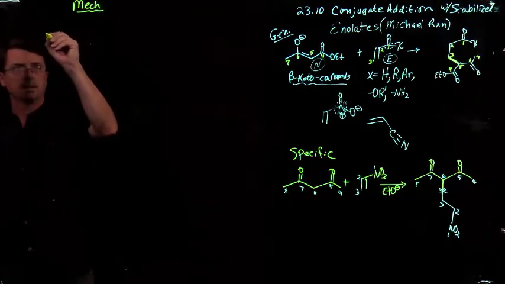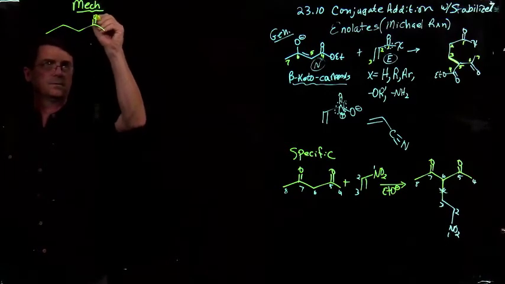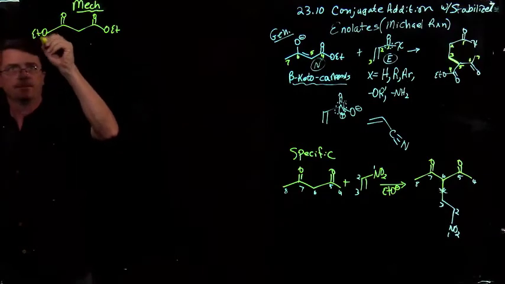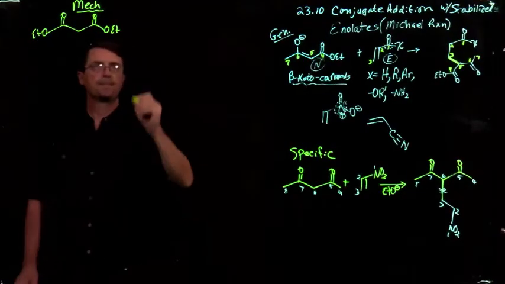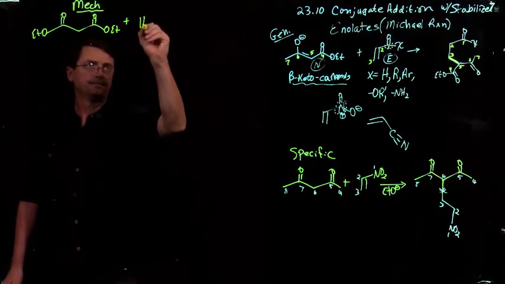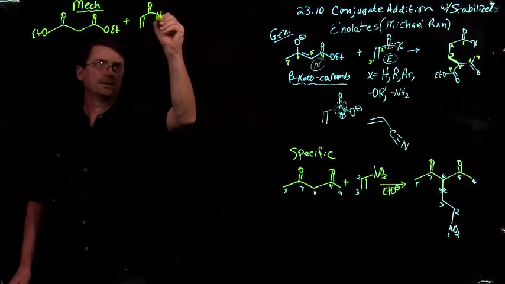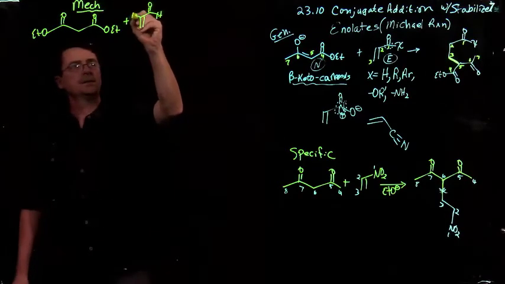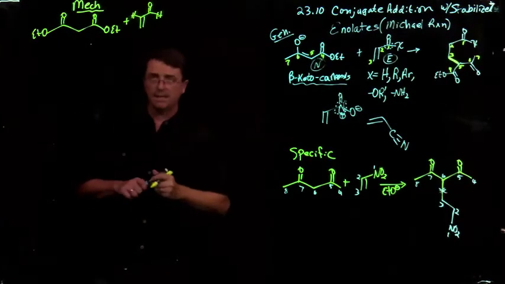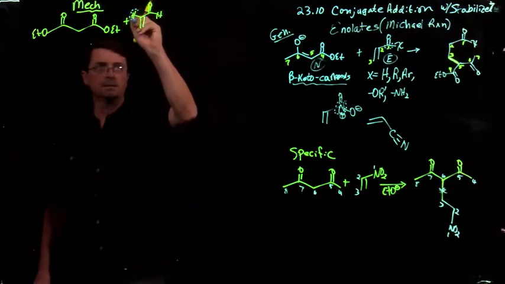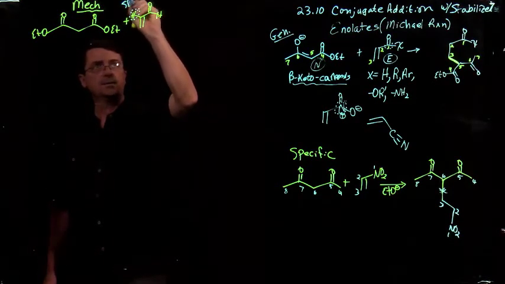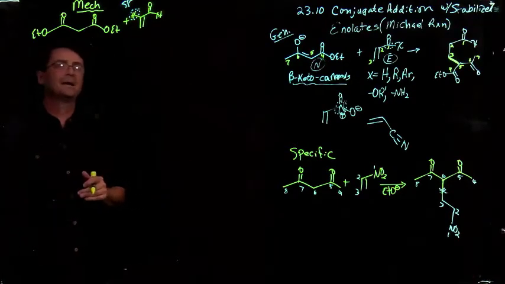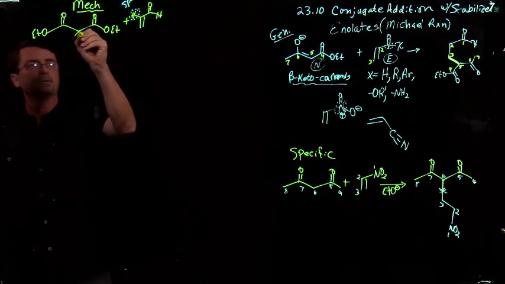Well, let's start with, say, diethylmalonate. We'll react that with the aldehyde. Now notice this aldehyde, there is an alpha hydrogen, but that hydrogen is not acidic, right? You recognize that, of course. This is an sp2 carbon that hydrogen is attached to, so that hydrogen is not acidic. The only acidic hydrogens are here.